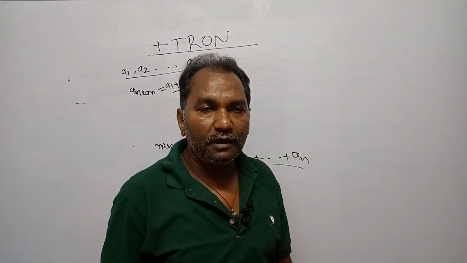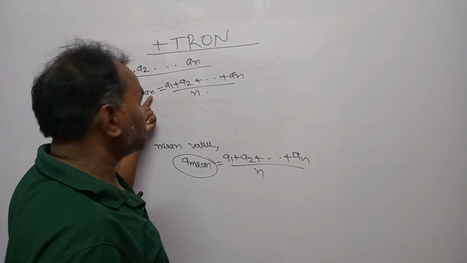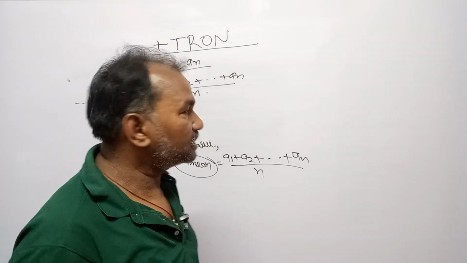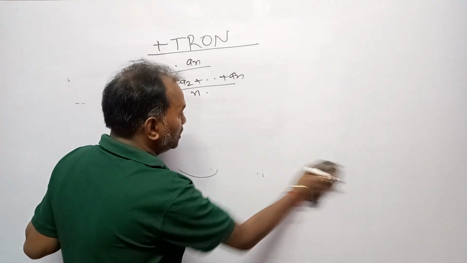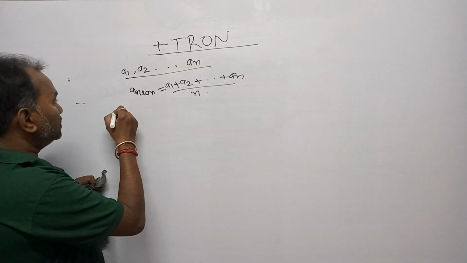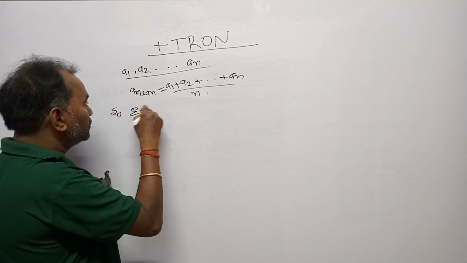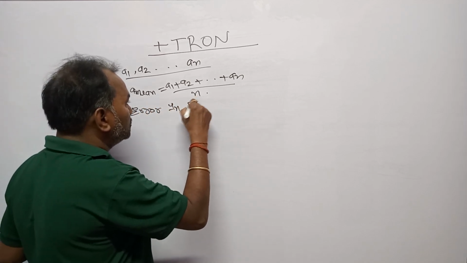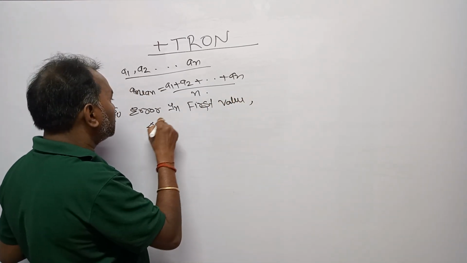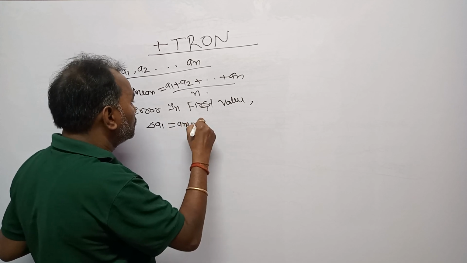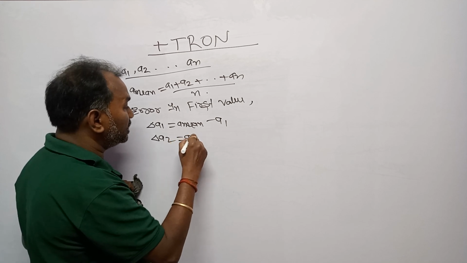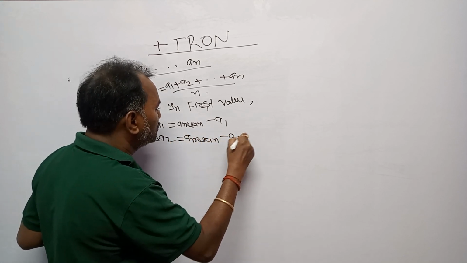As we have got the more precise value, now we have to find the error in everyone's value. So the error in the first value, delta A1, is equal to A mean minus A1. Delta A2, the error in the second value, is equal to A mean minus A2, and so on.